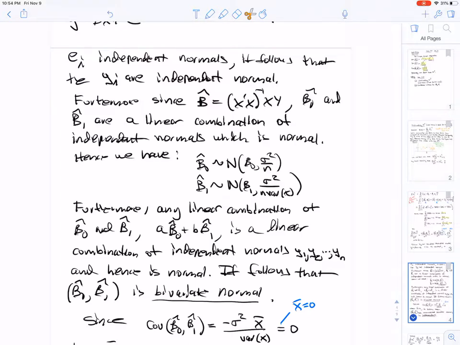Furthermore, any linear combination of beta 0 hat and beta 1 hat, such as a beta 0 hat plus b beta 1 hat, is a linear combination of independent normals y1 to yn, and hence is normal. It follows that beta 0 hat and beta 1 hat are bivariate normal, because if any linear combination of two normals is normal, then they are bivariate normal.